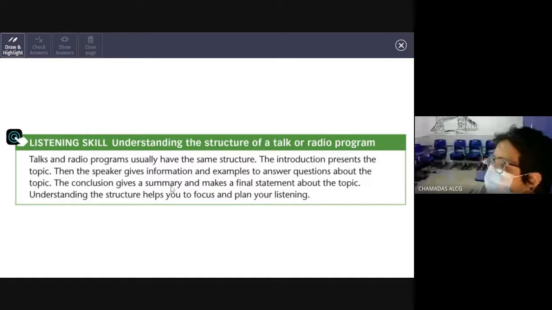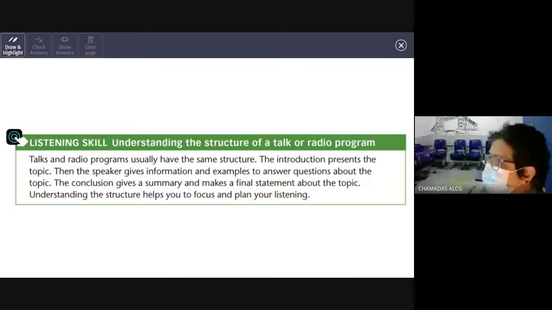When you study for a test, it's nice to make a summary of the subject because it helps you study for the test. And a final statement, what is a final statement? A logical conclusion, or at least something that you think. Yes, exactly.